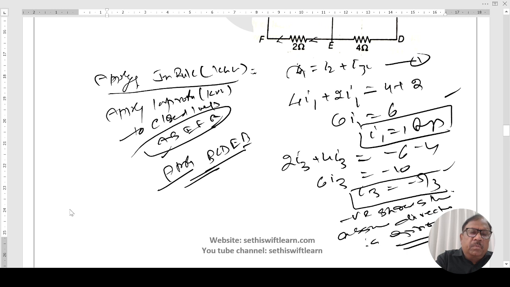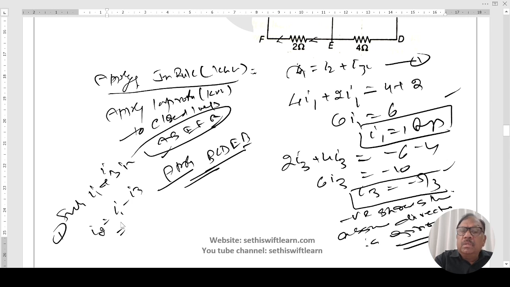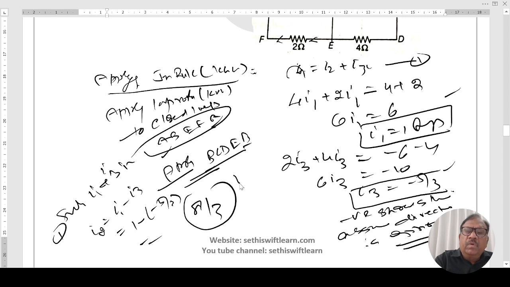Substituting I1 and I3 in equation 1, I2 comes out to be I1 minus I3. I1 is 1 minus of minus 5 by 3, that is 8 by 3. One is this answer, one is this answer, and one is this answer.